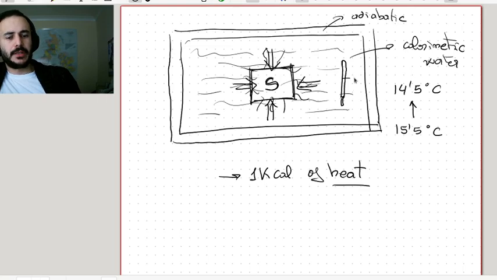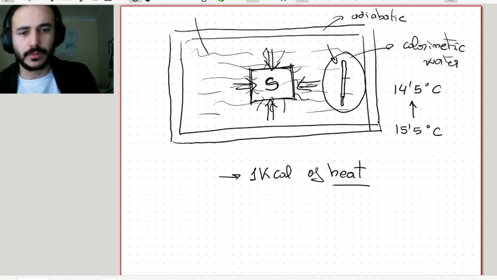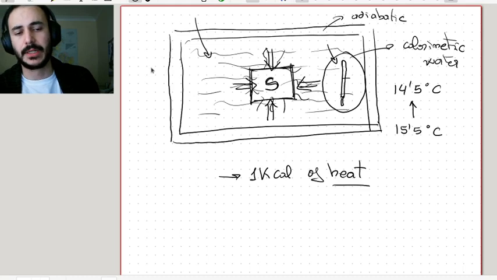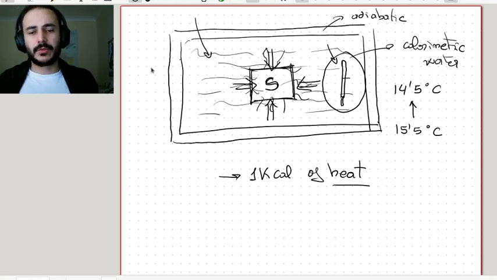So just by checking the changes in the temperature of the calorimetric water, I can tell whether a system inside of my calorimeter has released or absorbed heat, and I can actually quantify which amount of heat, because I can accurately quantify changes in temperature, and I know very well, accurately as well, how much water I have here. So without defining what heat is, I'm giving you a sense of what it is.